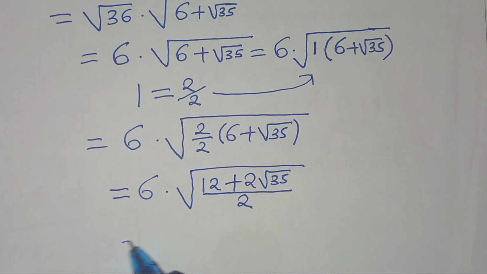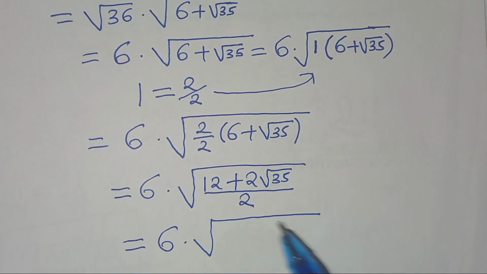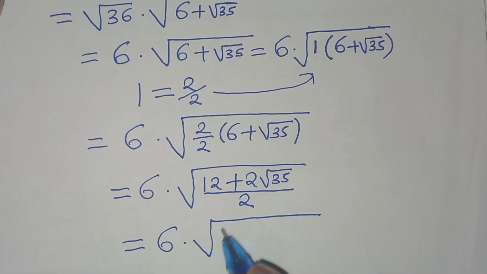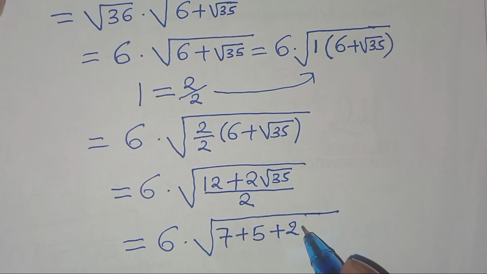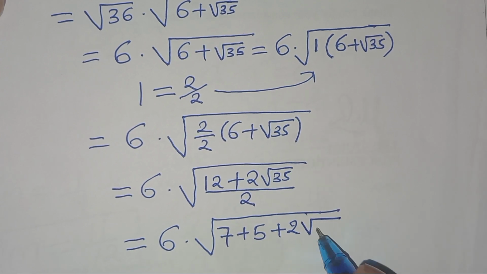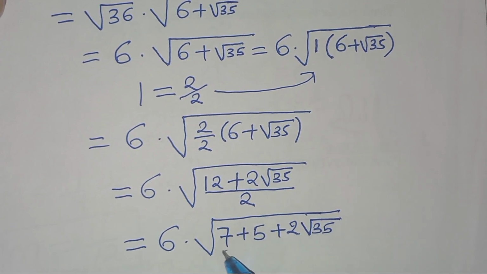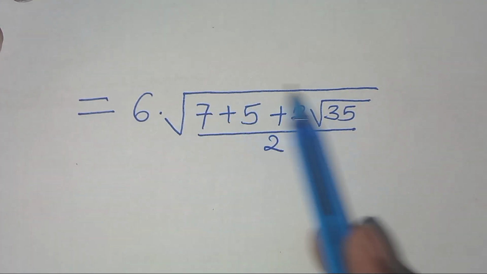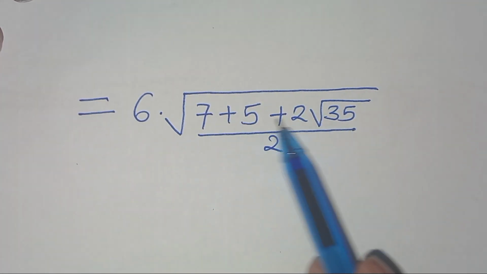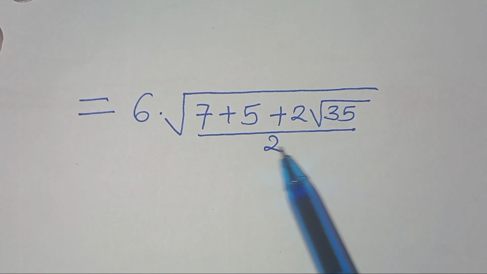So the next step from here, we have 6 times square root of, now we can express 12 as 7 plus 5 plus 2 multiplied by square root of 35 divided by 2. So here we have 6 times square root of 7 plus 5 plus 2 times square root of 35 divided by 2.